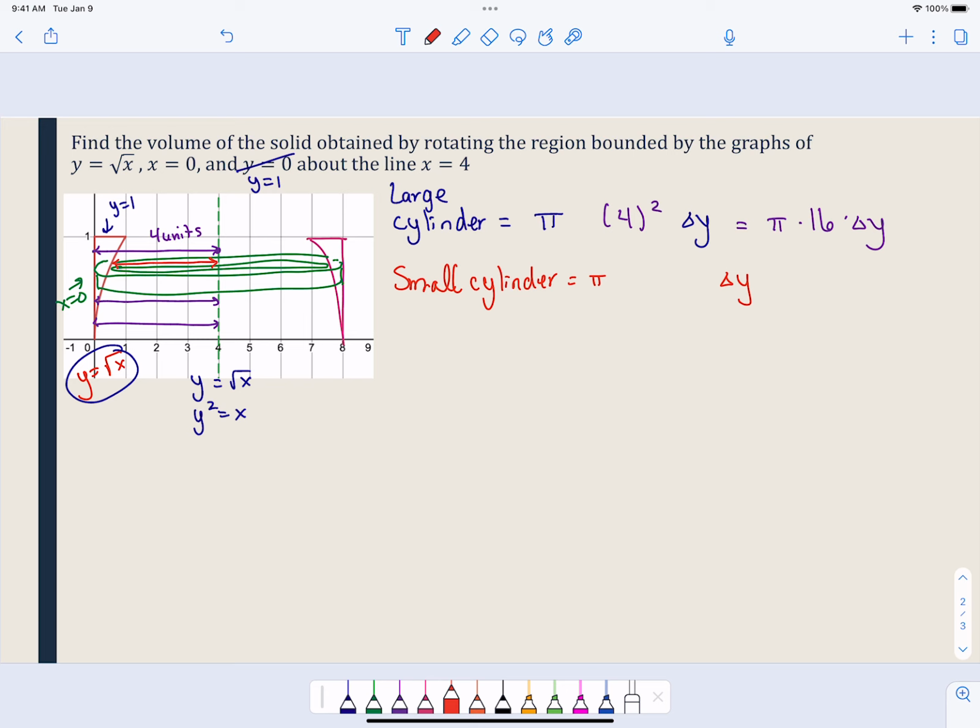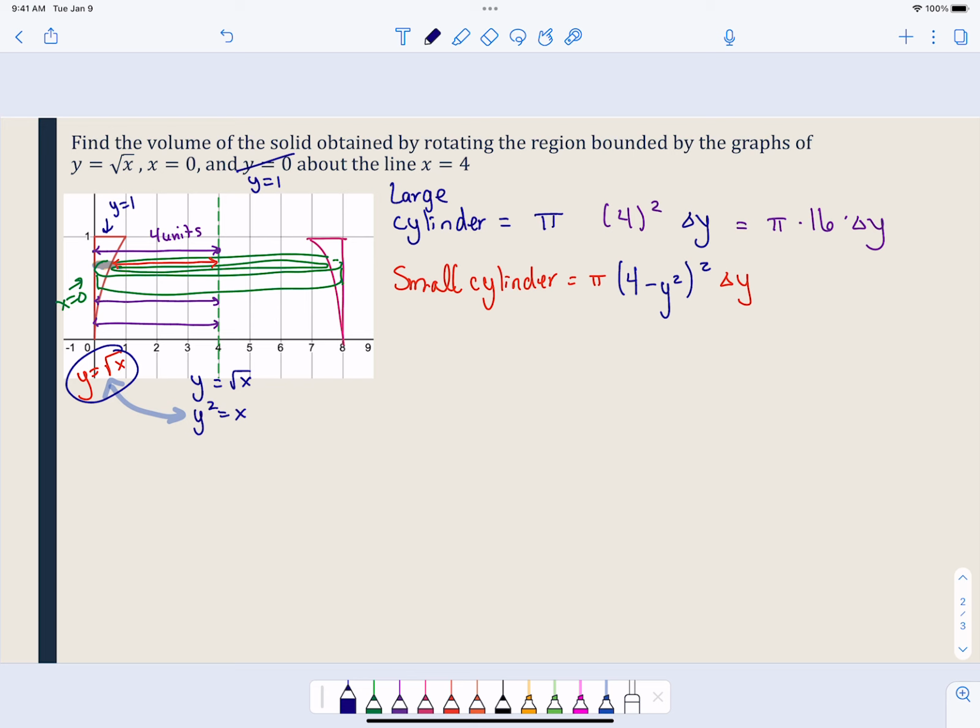Of the 4 units, we're going to have to take away this little amount right here, maybe highlighted in a slightly darker color, from the y-axis to our square root function. So our radius there is going to be 4 minus y squared.